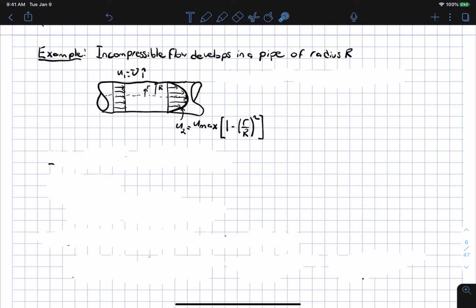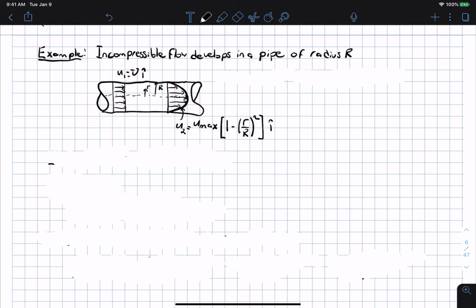And then at some downstream distance of the pipe, we have a velocity profile at station 2. And that velocity profile is given by U max times the quantity 1 minus r over cap R squared, like this. Okay, and of course that's in the i hat direction.